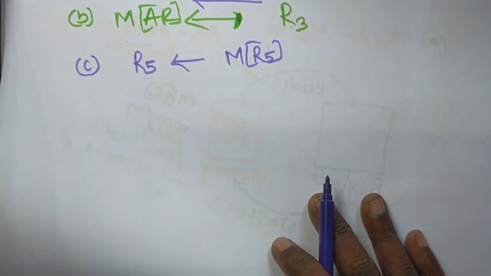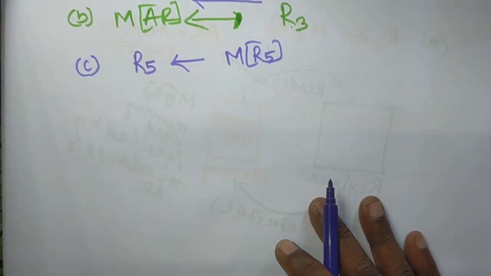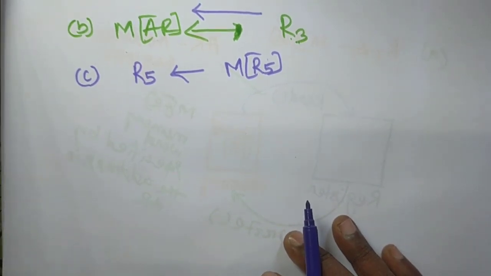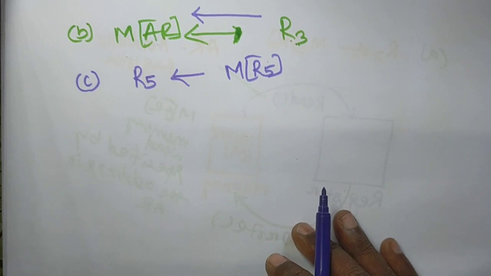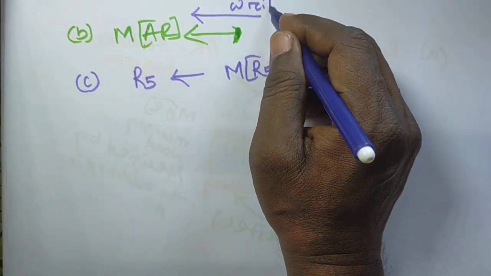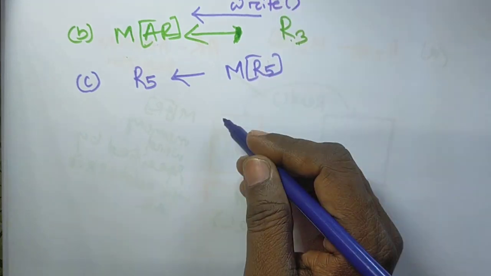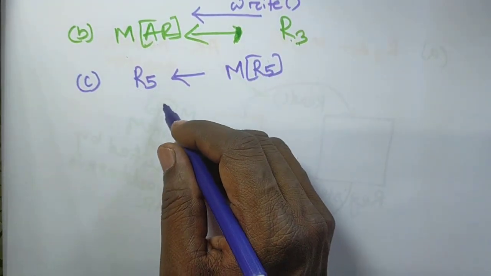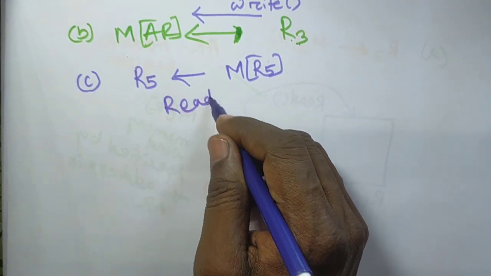So in a very simple way we can see that we use either a read operation or a write operation. If we go through this one, definitely we go through write operation. If we go through this one, memory to register, obviously we go through read operation.